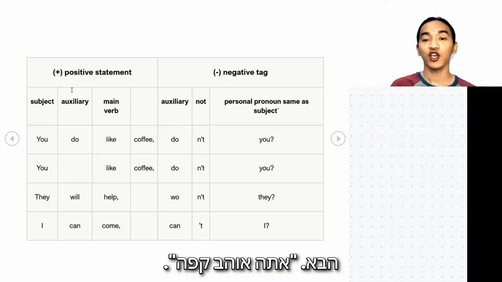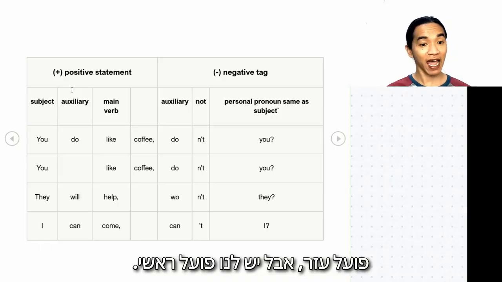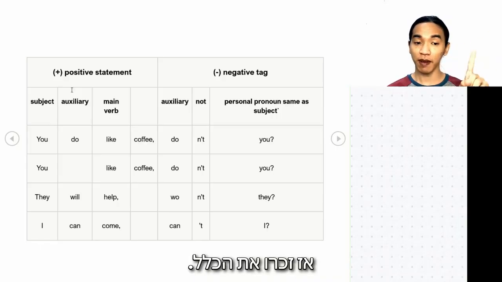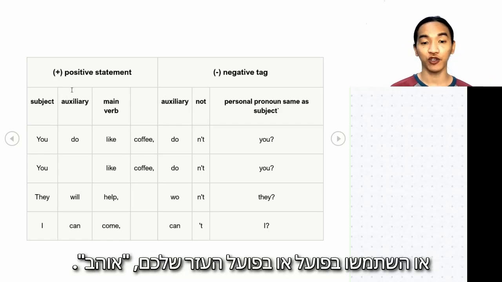Next one. You like coffee. So for this sentence, we don't actually have an auxiliary verb, but we just have a main verb. So remember the rule. If you don't have any auxiliary verbs and it's just a main verb, then still use the auxiliary verb do.